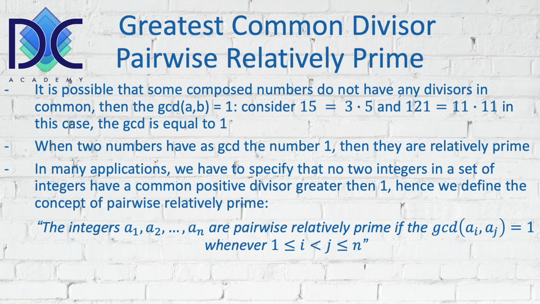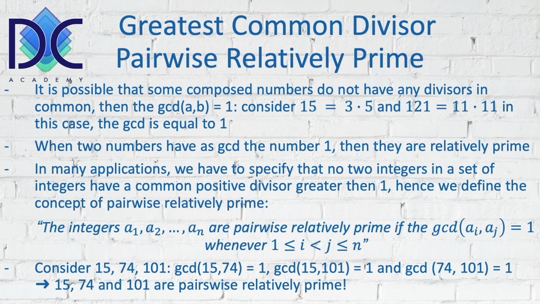When we have the integers a1 up to an, they are pairwise relatively prime if the GCD of ai and aj is equal to 1 whenever i and j are between 1 and n, and i is smaller than j. So we take different integers, and we try to find those which have a GCD equal to 1. That's the concept of pairwise relatively prime.